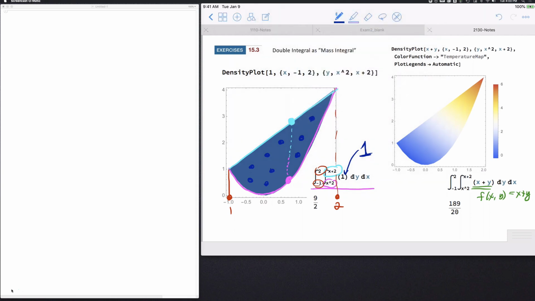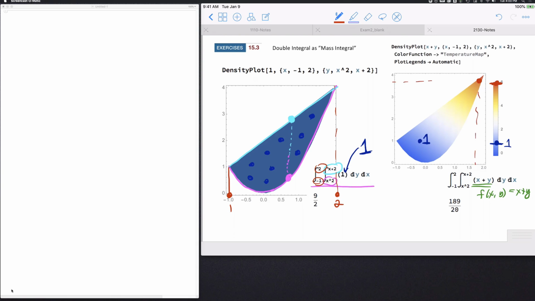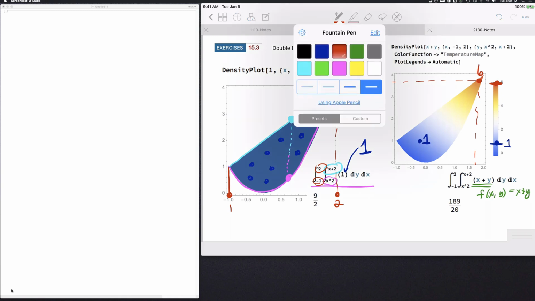Certain blue colors, like this middle blue color right here, have height 1. But at other points of the region, right up here in red at the tip, at this value of x and this value of y, the function has a height of 6.